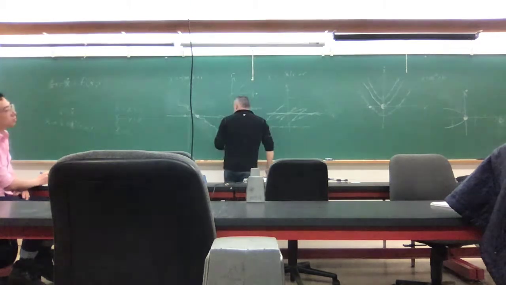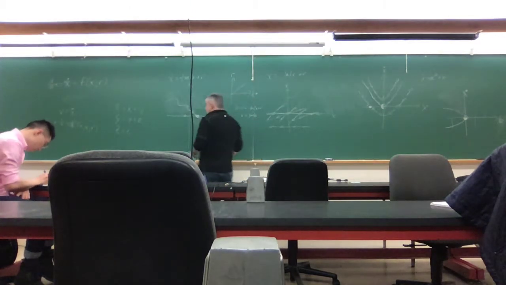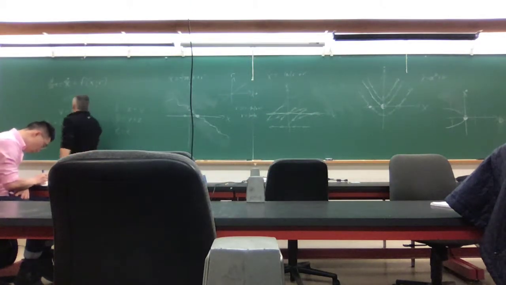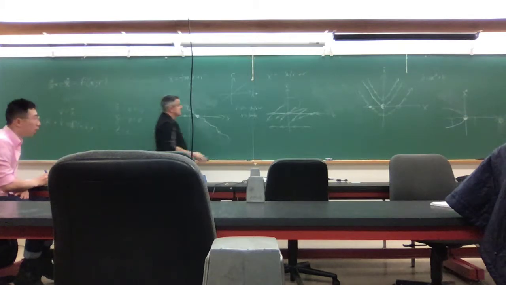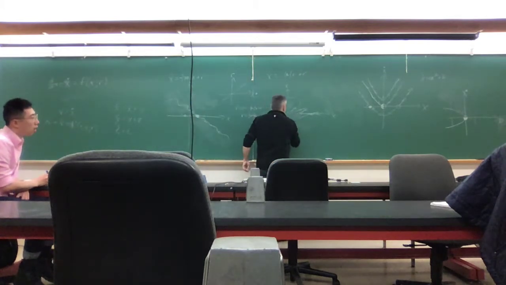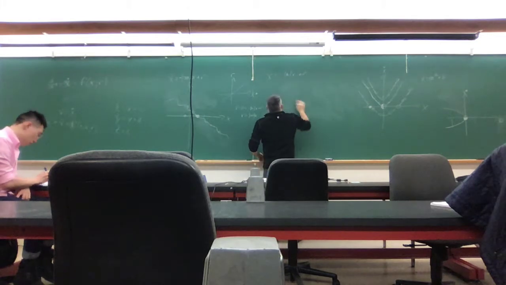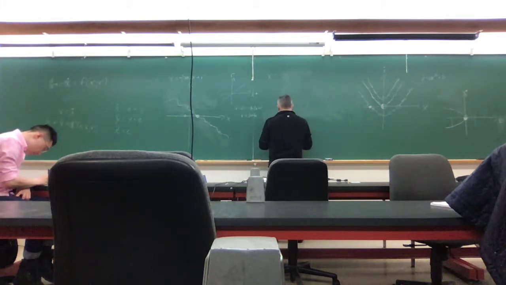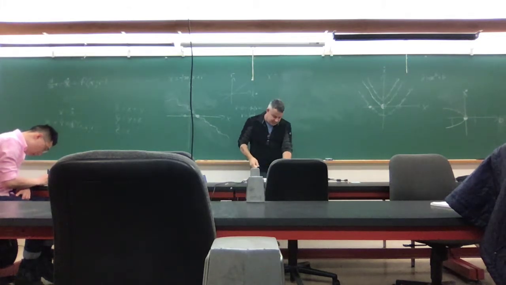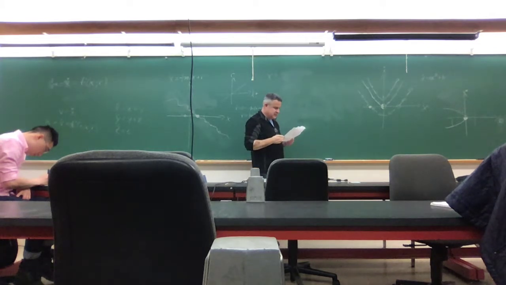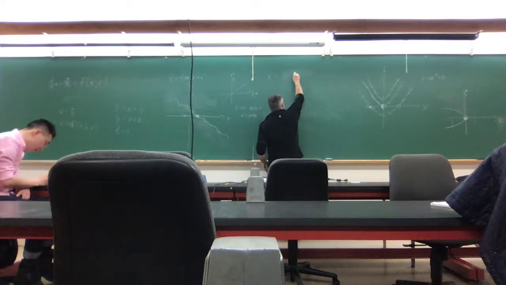Okay, let's draw another one that's even more interesting. What if we do x cubed plus b? And I'm going to write x cubed plus b. X cubed is, I don't want to draw it. I'm just going to draw it for you.